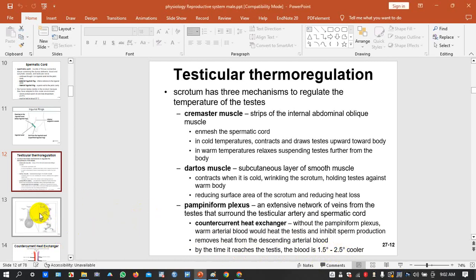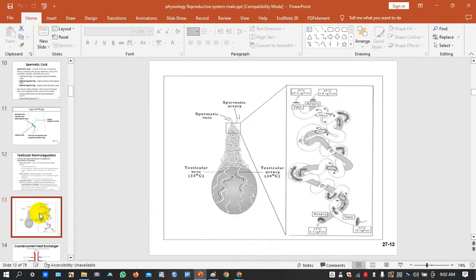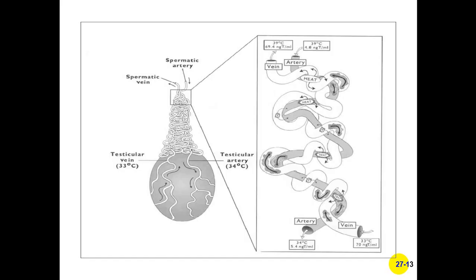So let's see what I'm talking about here. This is the countercurrent heat exchange system. This is the spermatic vein and the spermatic artery, and it forms a network called the pampiniform plexus. Over here, the testicular vein is here, the testicular artery is here. The veins are of a lower temperature because they are ascending to get to the inferior vena cava.